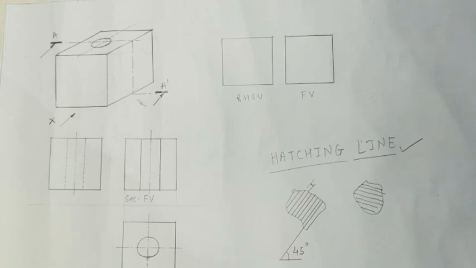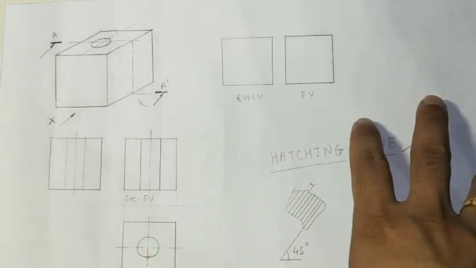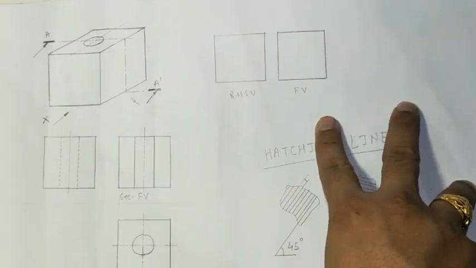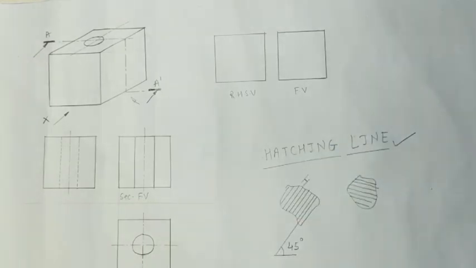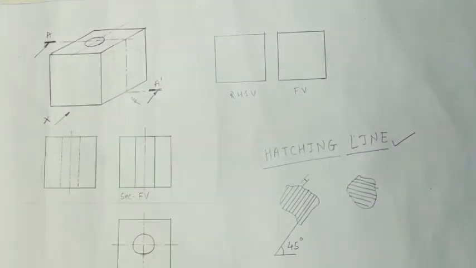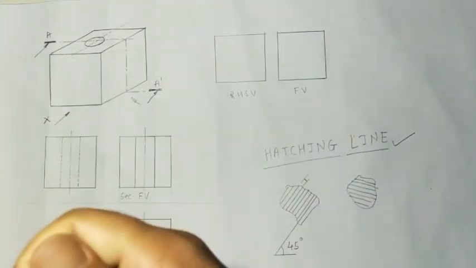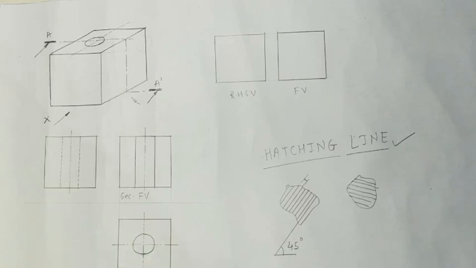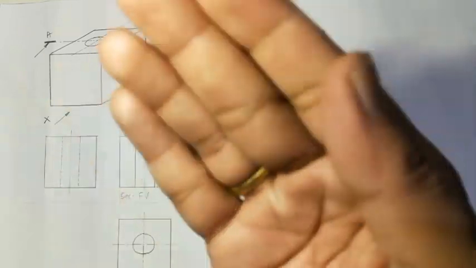So for you to understand it easily, or to imagine it easily, again I would like you to imagine that this object is made up of thermocol and you are having a knife in your hand, which is a kind of cutting plane with the help of which you are going to cut the object.